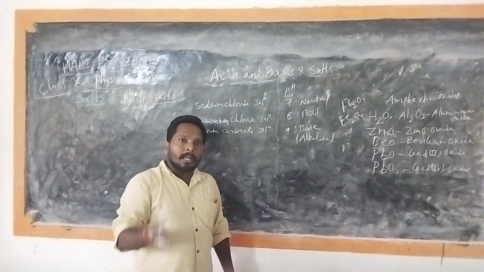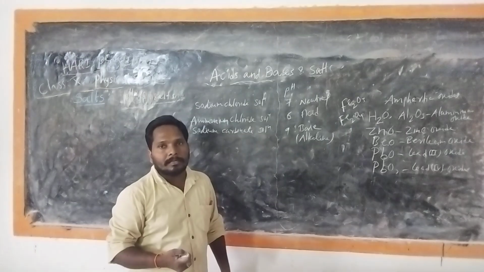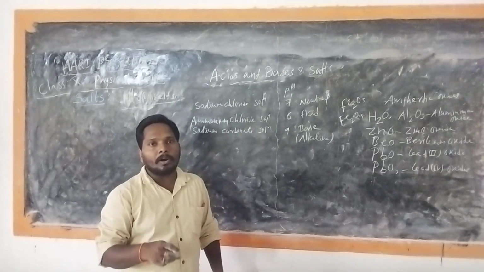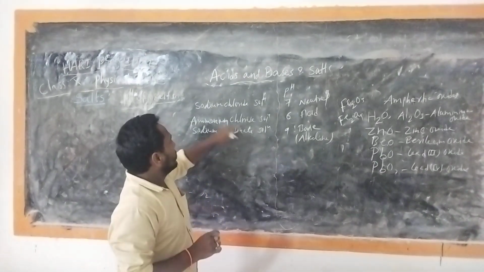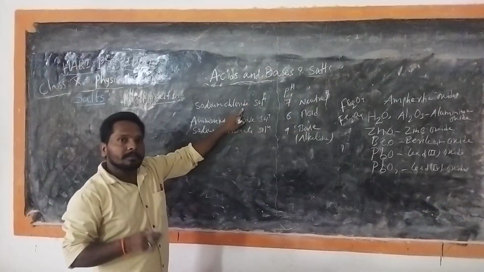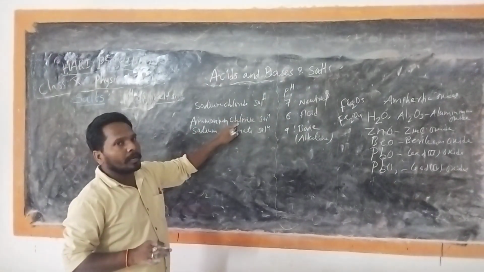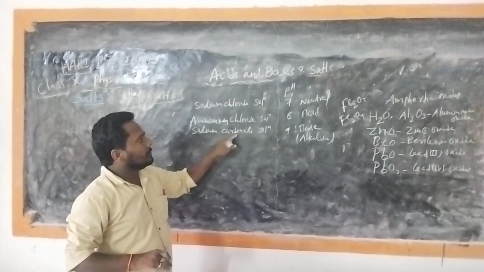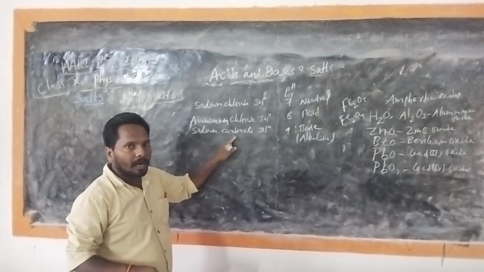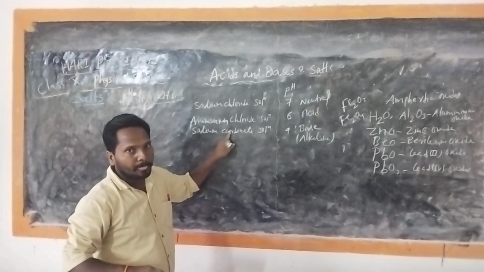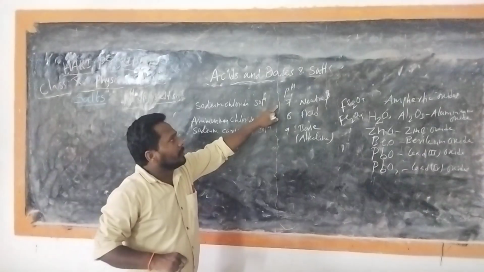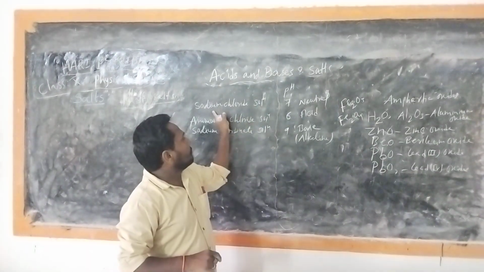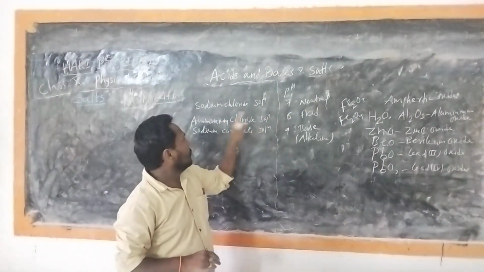The water soluble bases are called alkalis. See, sodium chloride salt, ammonium chloride salt, sodium carbonate salt: these are all salt solutions, but their pH is different. Sodium chloride, pH 7, neutral.